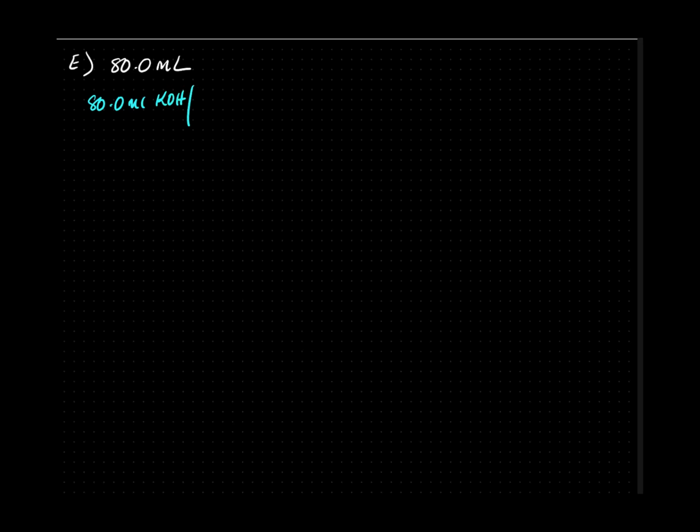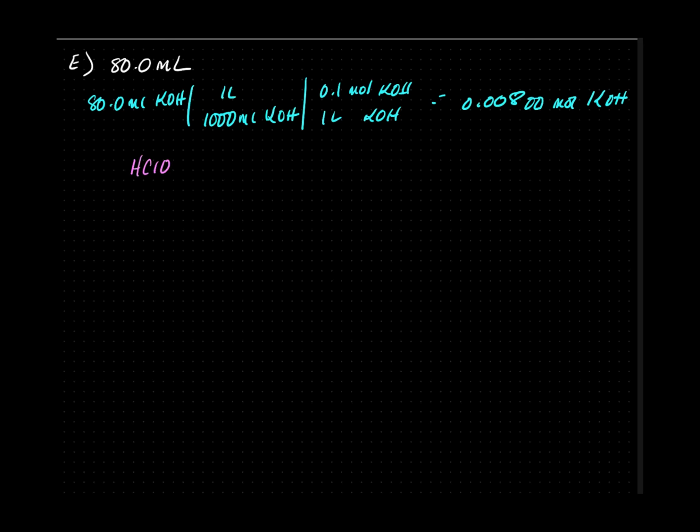So this is 1 liter over 1,000 milliliters, and 1 liter has 0.1 mole of KOH. This equals 0.00800 moles of KOH. So now we write an acid-base neutralization, HClO plus KOH, double replacement.